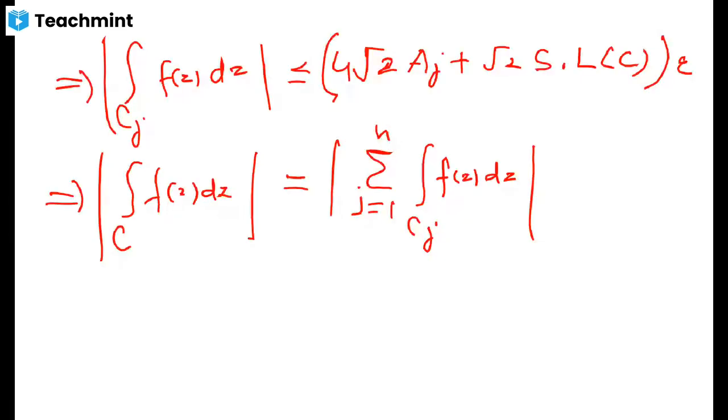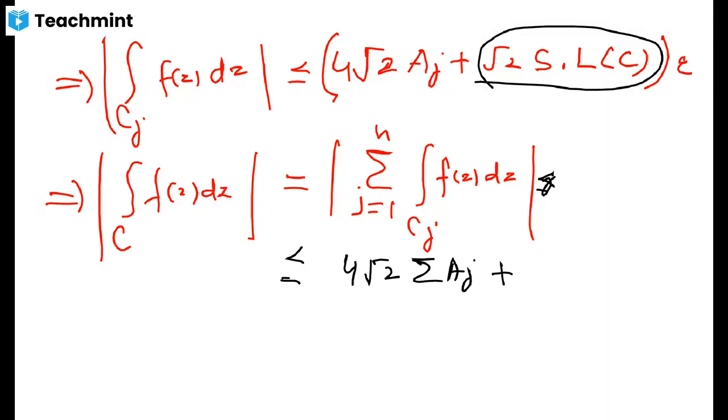Now using the triangle inequality, it gives us less than or equal to, let me write directly this inequality here. It gives less than or equal to 4 times root 2 sum over aj, plus this constant quantity being added n times, so it is n times root 2 s times l of c times epsilon.